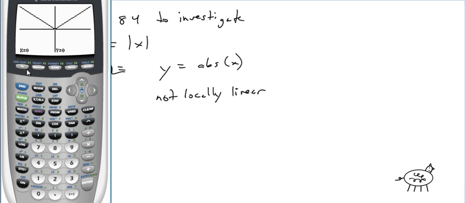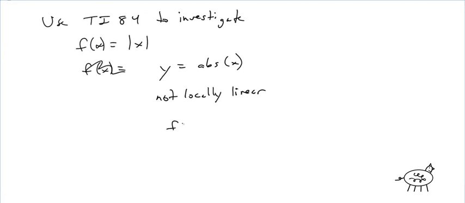All right, let's actually put a different function in. Let's put in f of x is equal to (x minus 1) squared plus 2. Let's look at that.